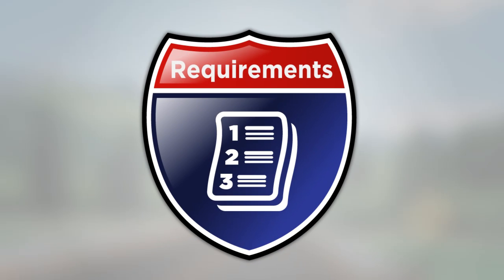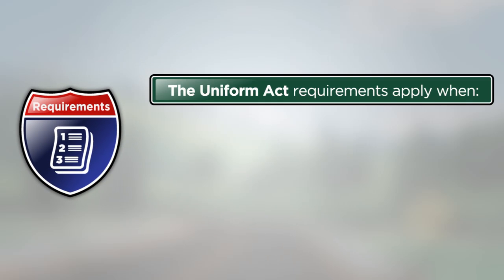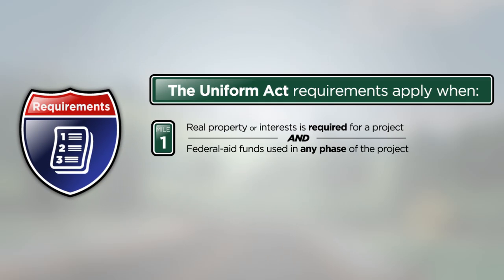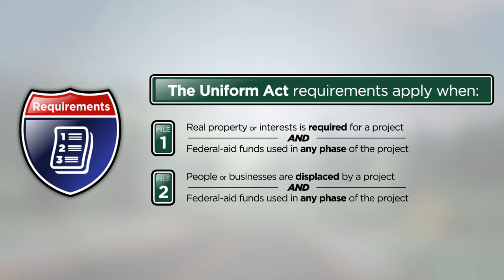Because this is a federal aid project, the Uniform Act and right-of-way requirements would apply. In order to comply with right-of-way related requirements on federal aid projects, you must understand when to follow the requirements. The Uniform Act requirements apply anytime real property or interests in real property is required for a project, and the agency chooses to use federal aid funds in any phase of the project. Anytime people or businesses are displaced by a project, and the agency chooses to use federal funds for any phase of that project.